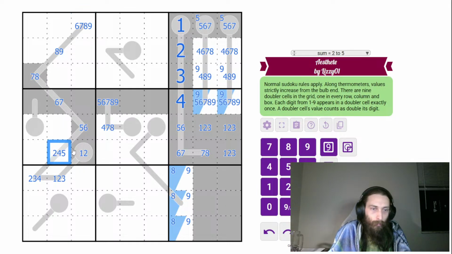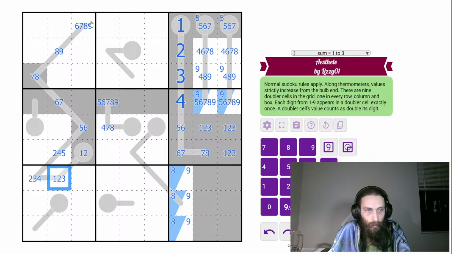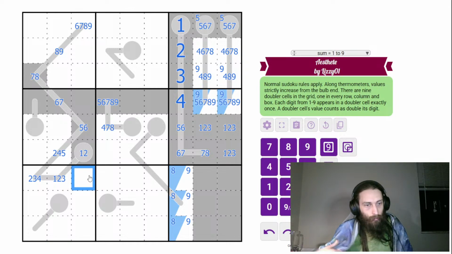But that could be a double 2, or it could be a regular 4. 5 is what forces the double here at the end. Right. If this was a 4 or a double 2, that would make that doubled. Same with, well, if this is a 3, it makes that doubled, but then it doesn't do anything else different.